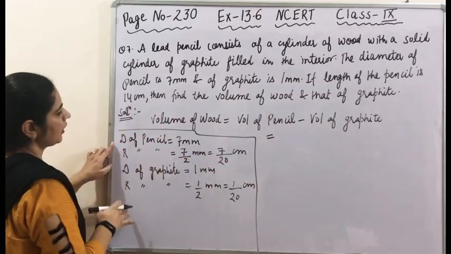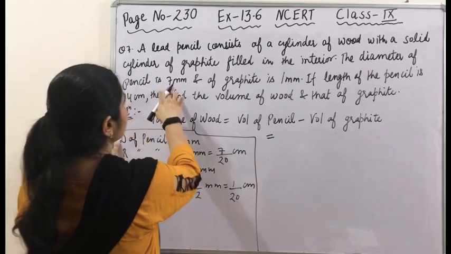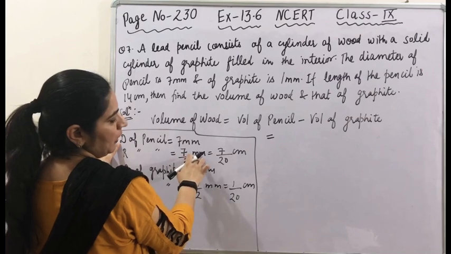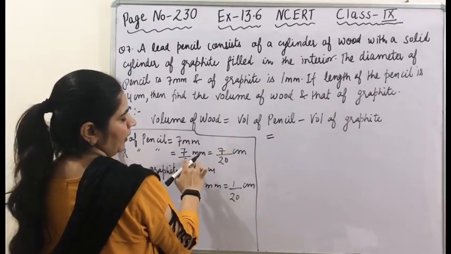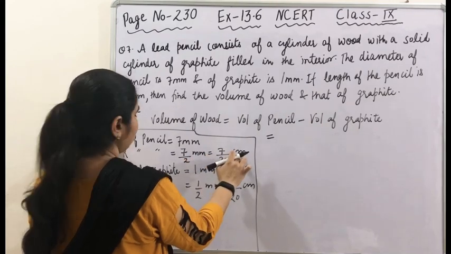Here I have written the dimensions. The diameter of the pencil is 7 mm, so the radius will be 7 by 2 mm. We can convert easily into centimeters by taking 10 in the denominator: 7 by 20 centimeter.